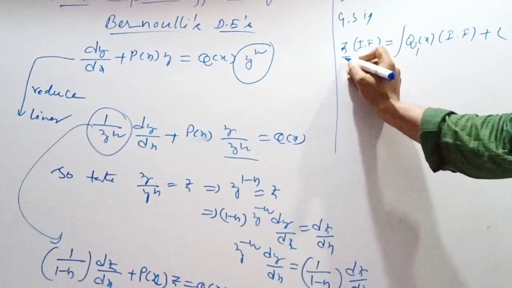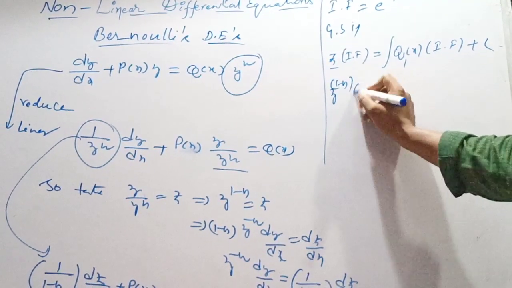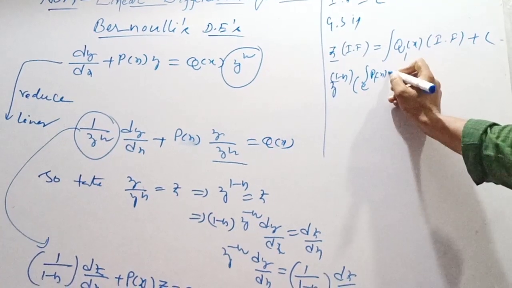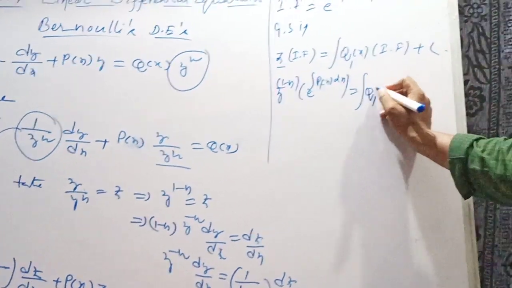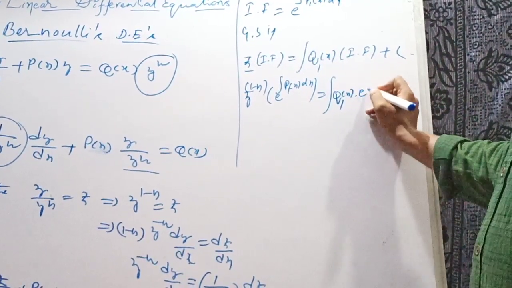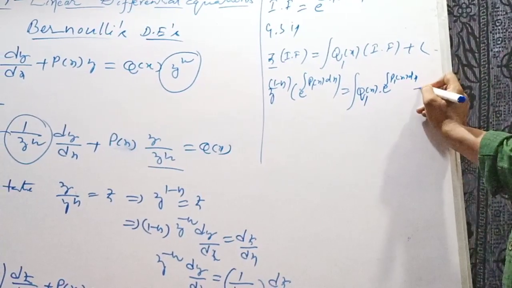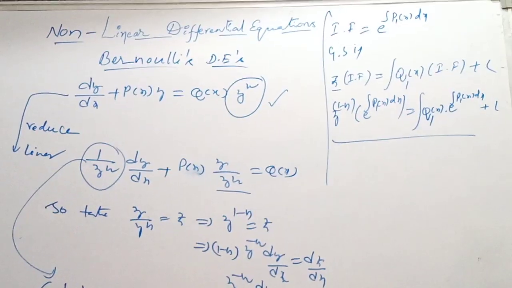So you replace z by y to the power of 1 minus n into integrating factor e to the power of integral of P1 of x dx equal to integral of Q1 of x into e to the power of integral of P1 of x dx plus constant c, which is the required solution of this Bernoulli's equation.